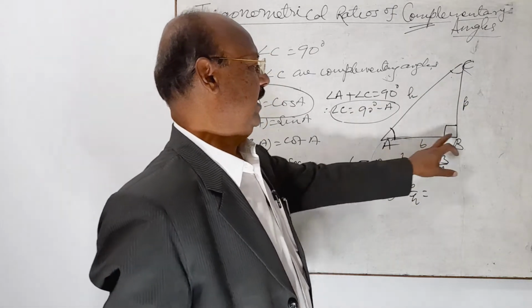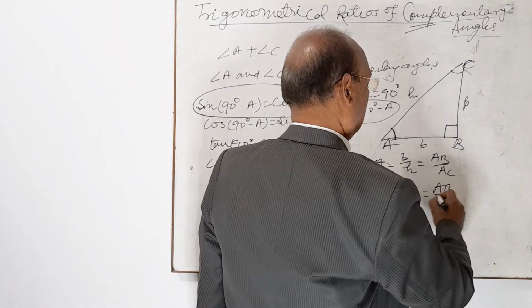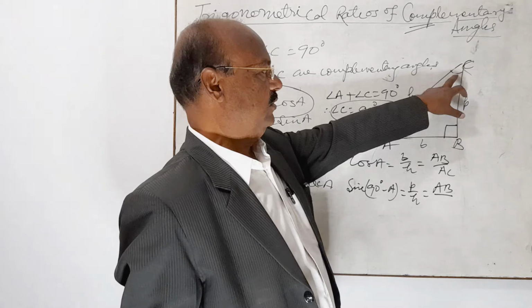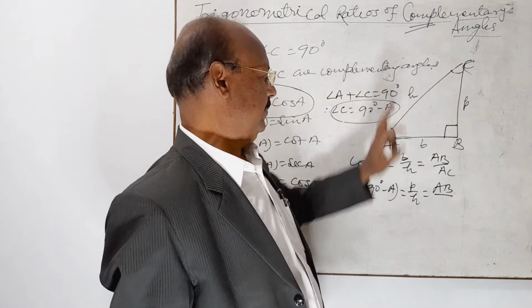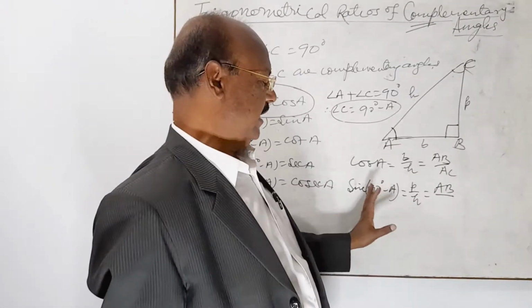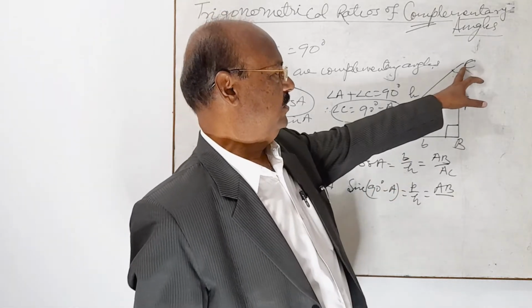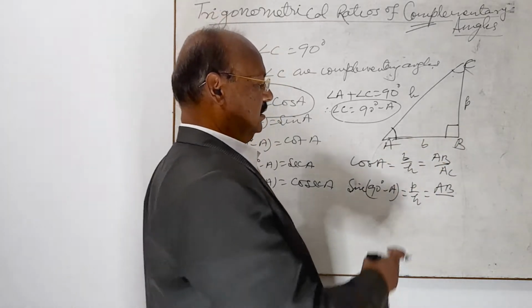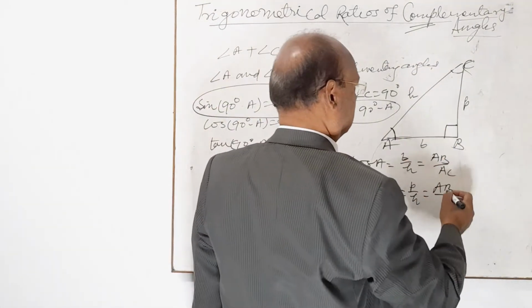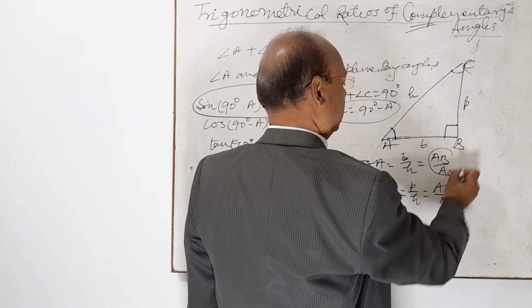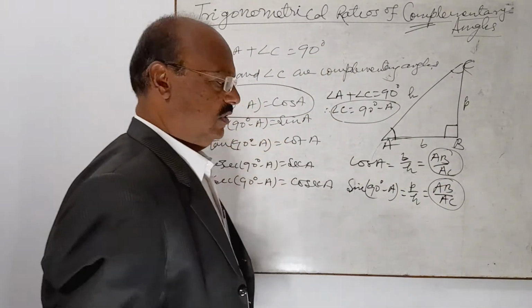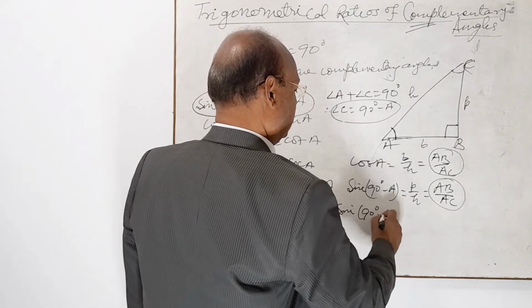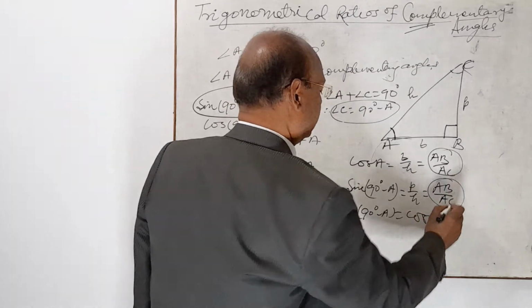So P will be AB here. Be careful: with respect to this angle C, P means the opposite side, which is AB, and H means the hypotenuse AC. So you see both are equal.